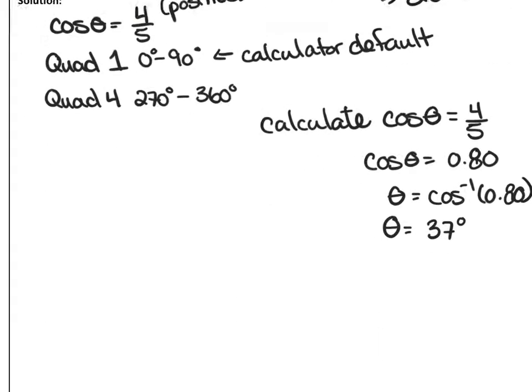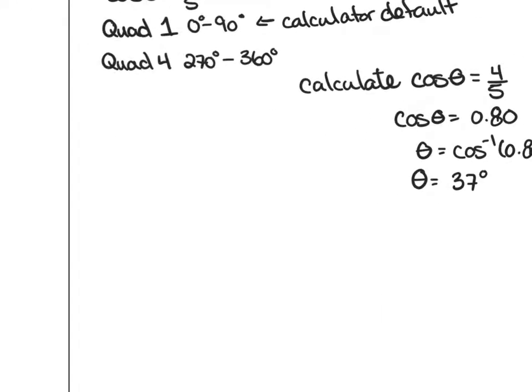So to find the second angle, all I'm going to do is go to quadrant 4, and quadrant 4 says that it is 360 minus theta, and that's all we're going to do.